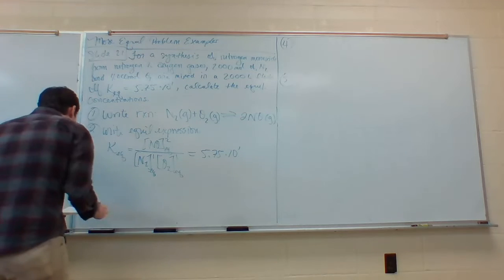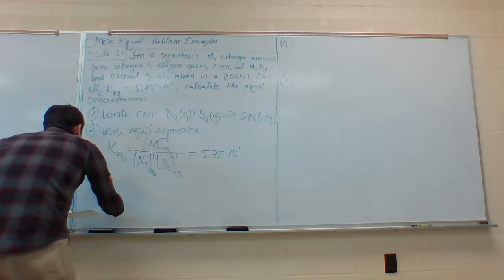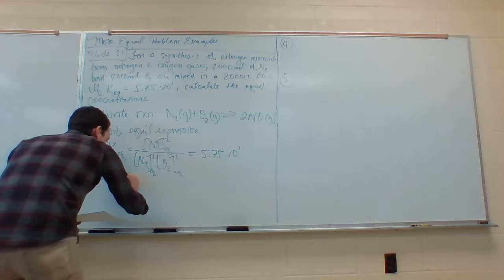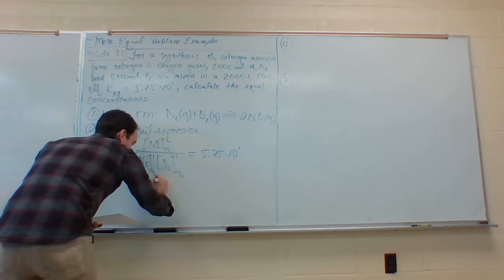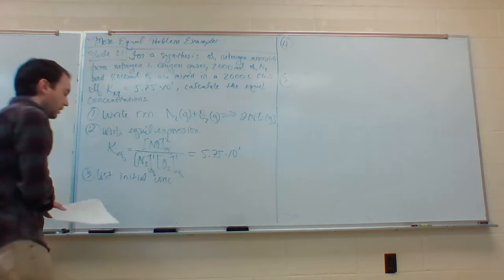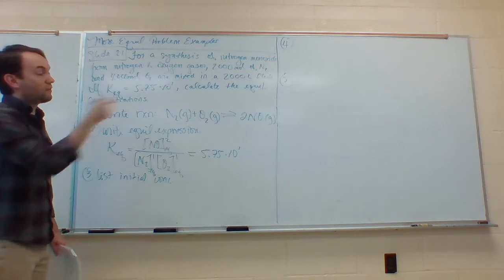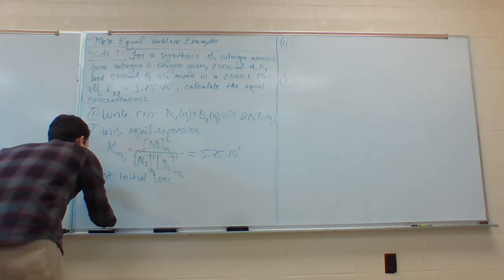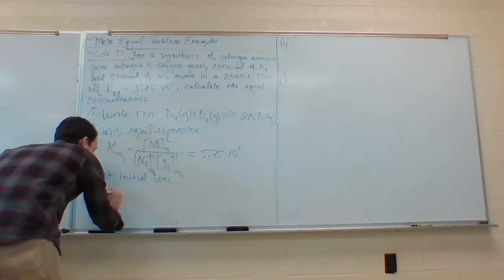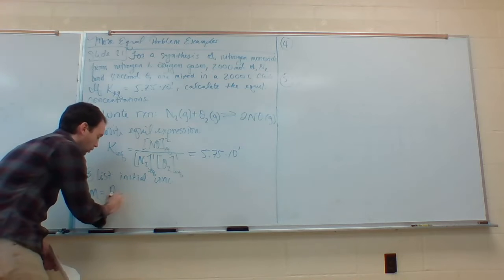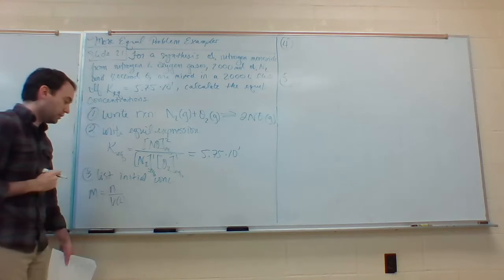Now, for step 3, we're going to list our initial concentrations. Okay, I've given you moles and the volume of the flask, which means that you can calculate your molarity. We know that molarity is equal to moles over your volume in liters.